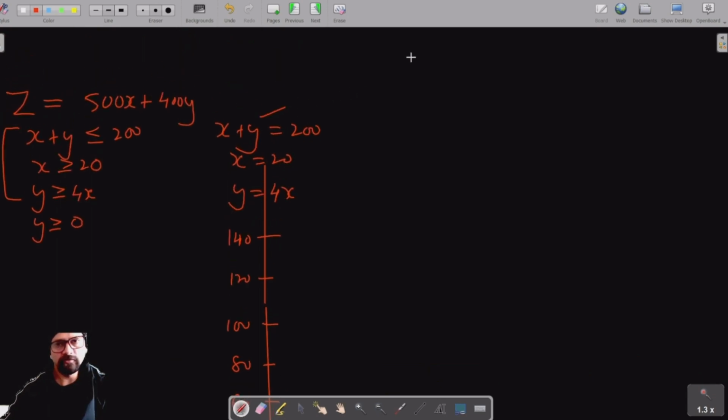For this one, when x is 0, y is 200, and when y is 0, x is 200.